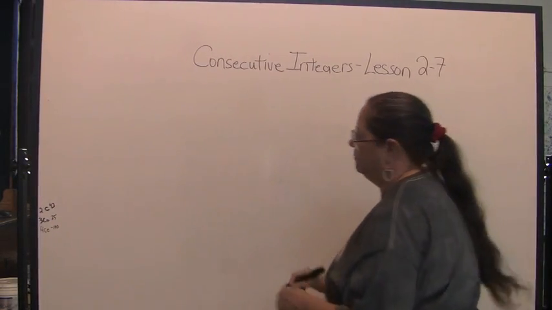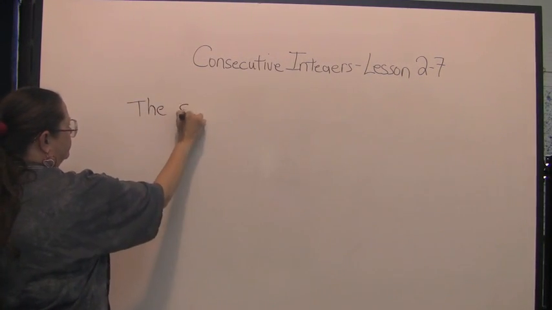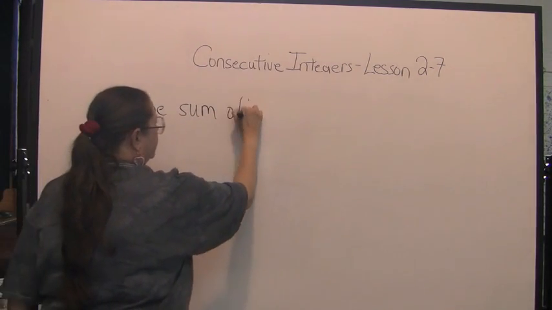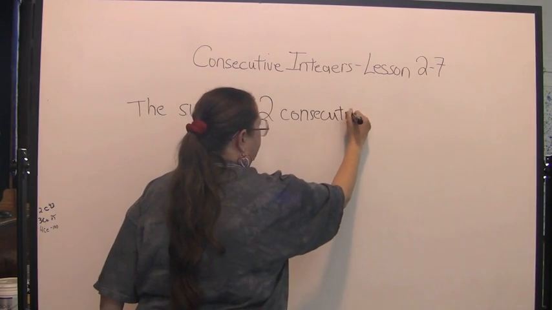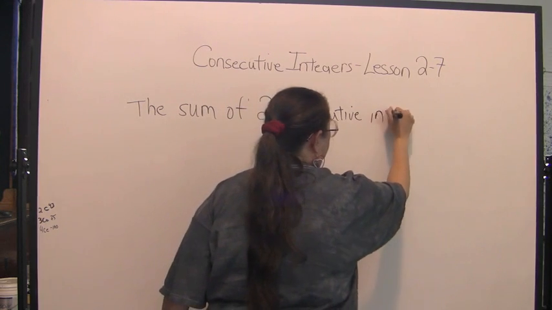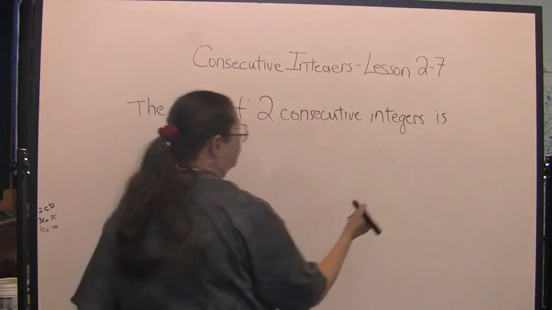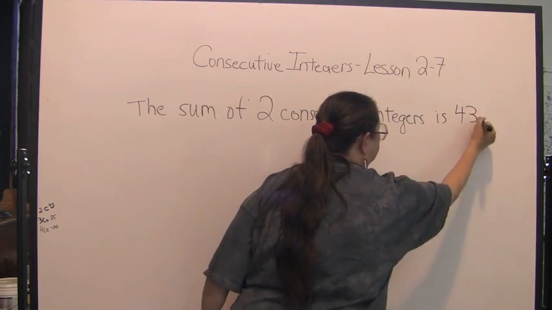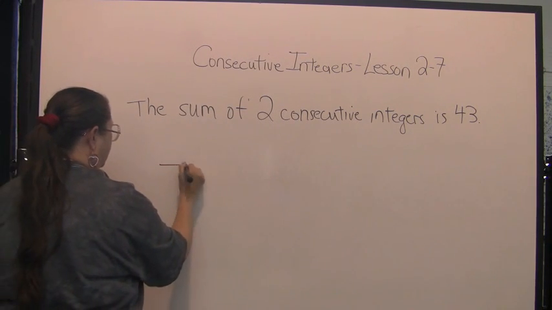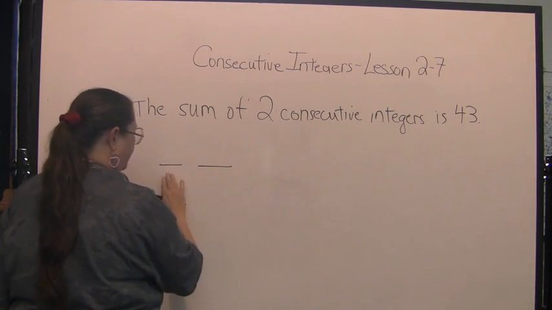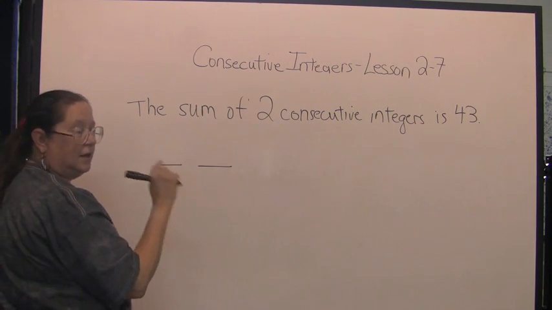If they give you a problem that says the sum of 2 consecutive integers is 43, that means we need 2 blanks, and they need to be 1 apart, because it's not consecutive odd or consecutive even, it's consecutive.